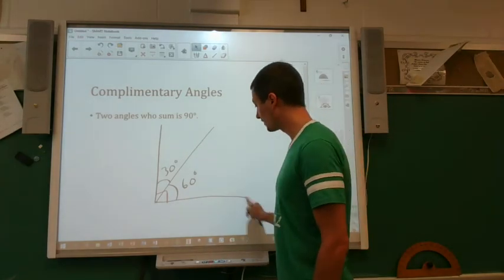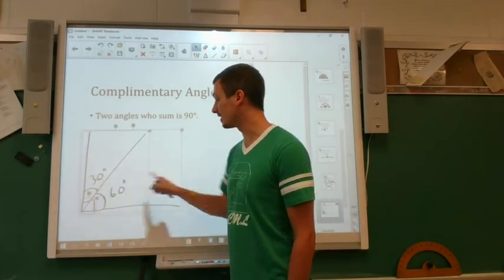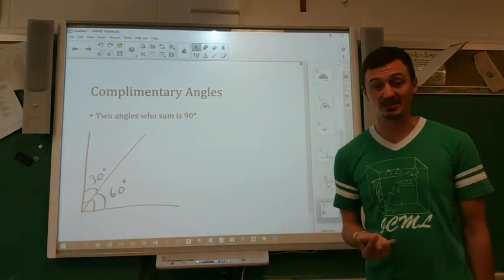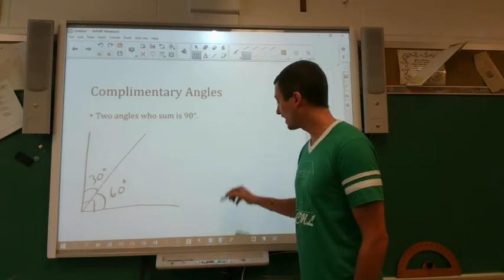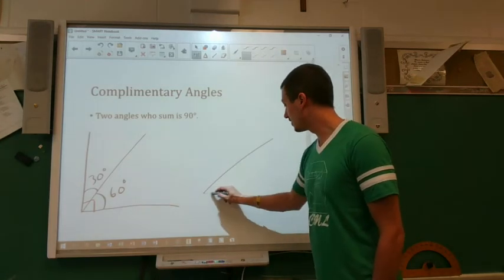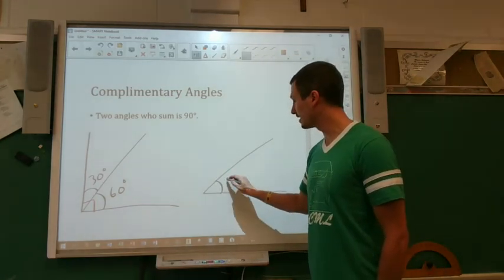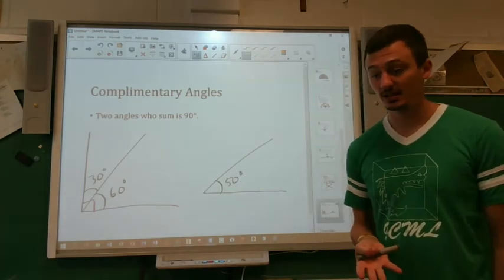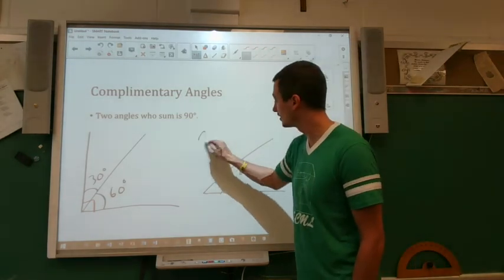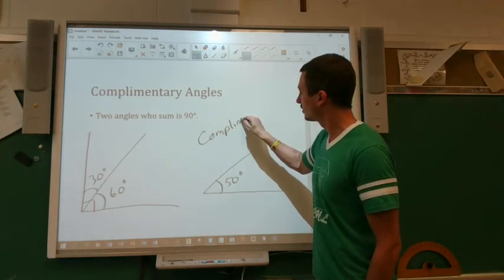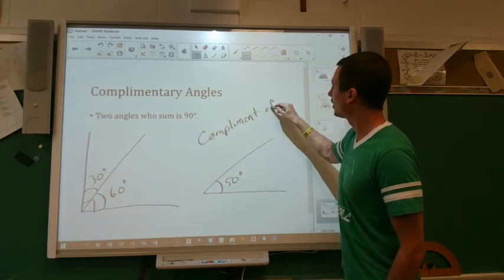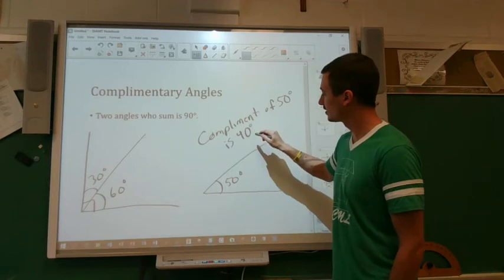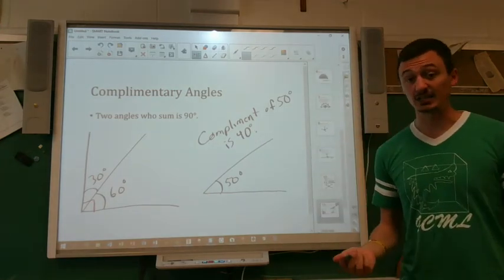Now, in the same idea, we can also talk about the complement of an angle. So if I have some angle whose measure is 50 degrees, and I ask what is the complement of 50 degrees, the complement of 50 degrees is 40 degrees, because 40 plus 50 is 90.